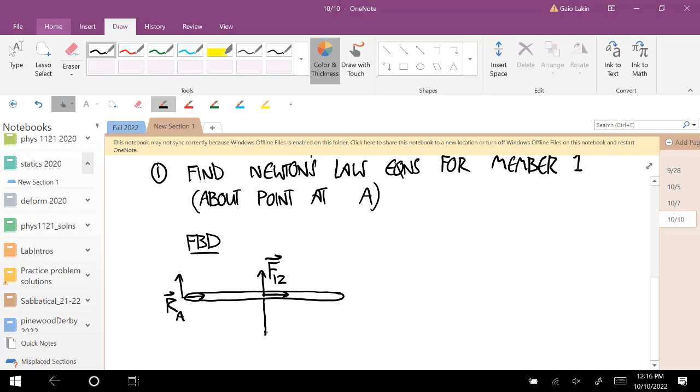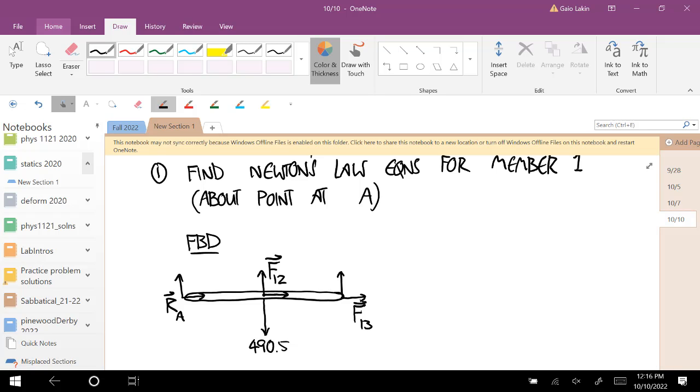And then there's a weight force of 490.5. And then over here, there's a force on 1 by 3. And then also there's that cable.